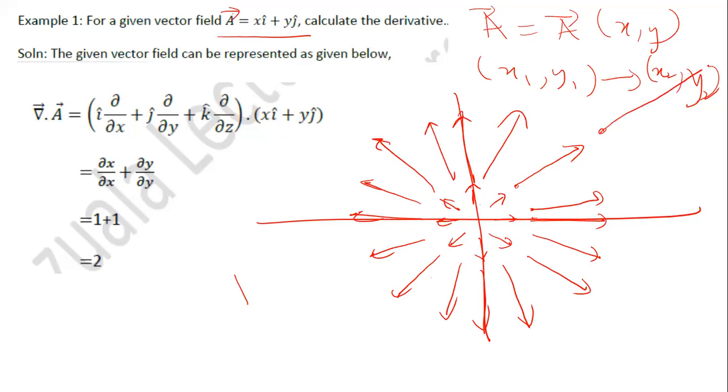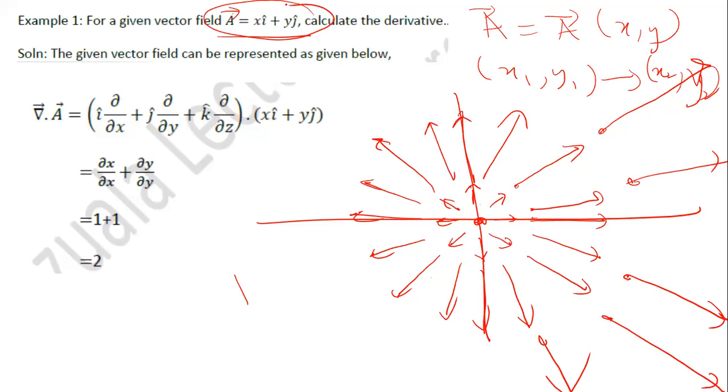Again, if you move further away, the vector magnitude will become bigger and bigger. As you can see here, you will find a vector field which is diverging away from the origin.